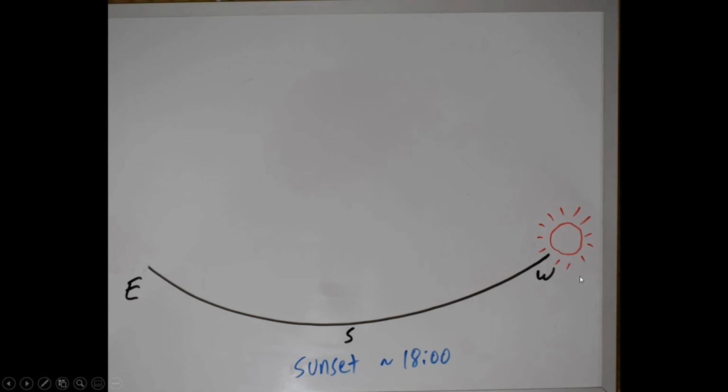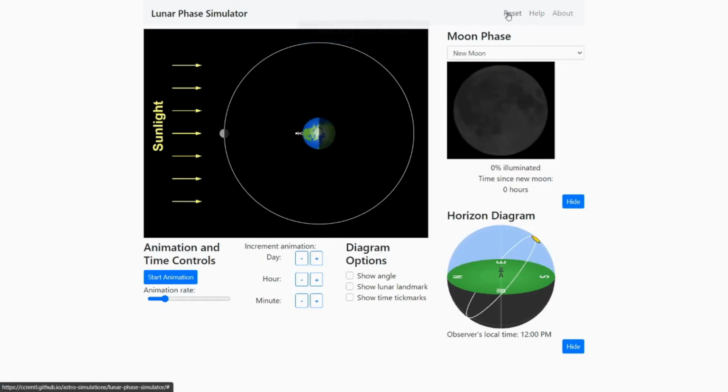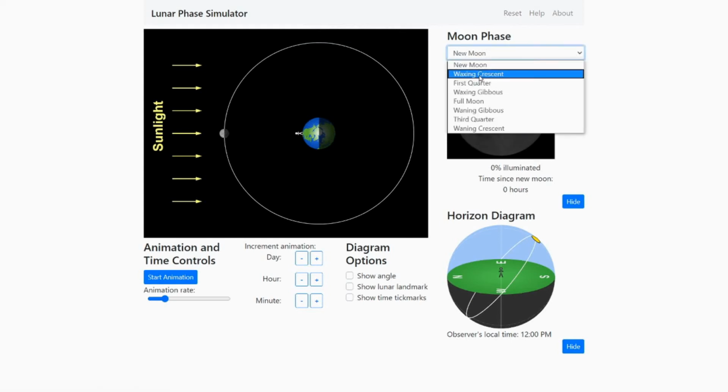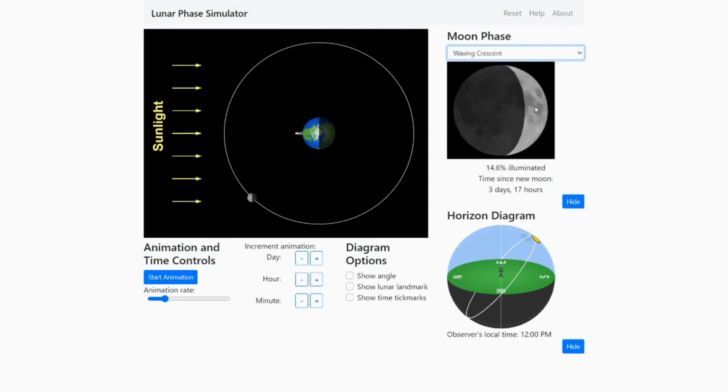So now let's ask ourselves, where is the moon? Okay, we're back to this diagram. Let's check the waxing crescent. So this is the waxing crescent, so it's bright on the right side, dark on the left side, concave.